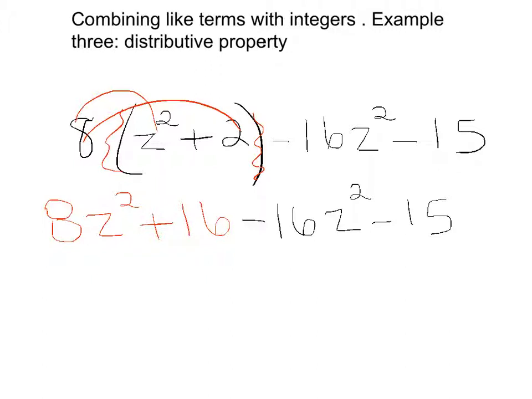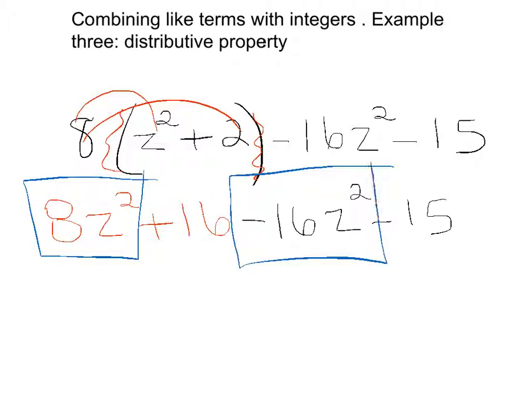Now I can combine like terms. I'm going to combine 8z squared and negative 16z squared. 8z squared minus 16z squared is negative 8z squared. 16 minus 15 is 1.